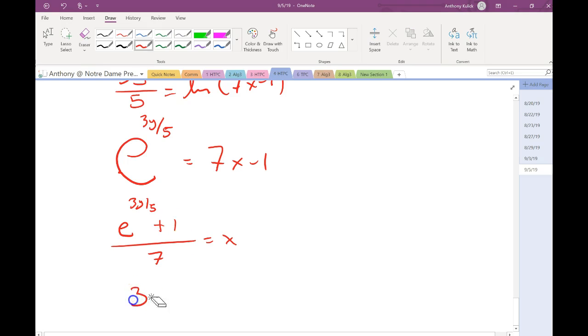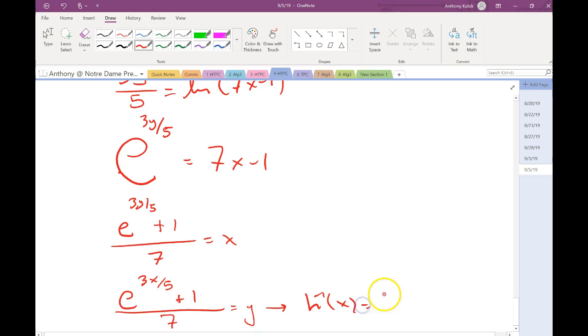So I have this. Yes. H of x is the function?